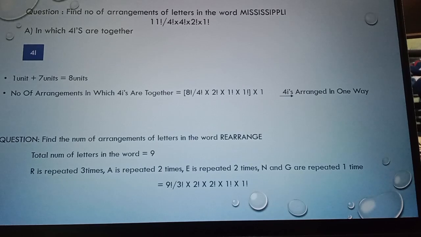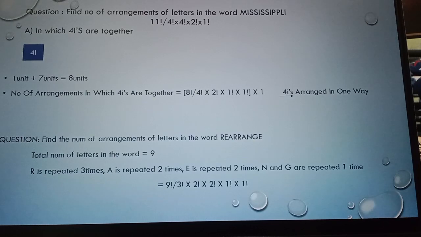There are 4 I's in Mississippi, right? When the term together comes, we need to consider them as one unit. The remaining 11 minus 4, that is 7 letters, are considered individually, which equals 8 units.